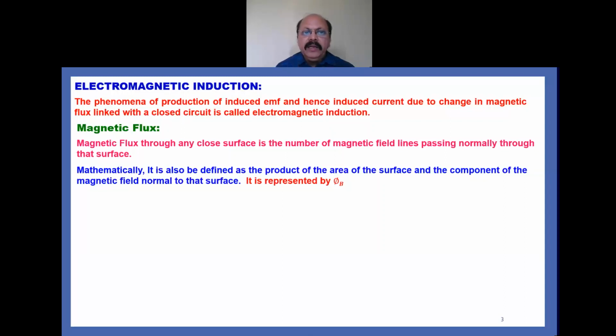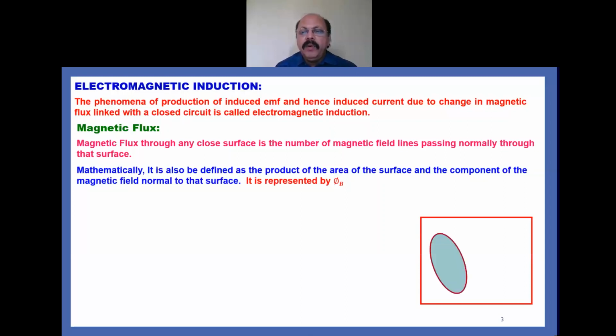And mathematically, it is also defined as the product of area of the surface and the component of magnetic field normal to the surface. It is represented by phi B. And you see here one diagram.